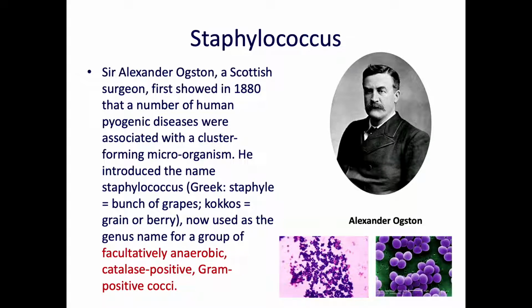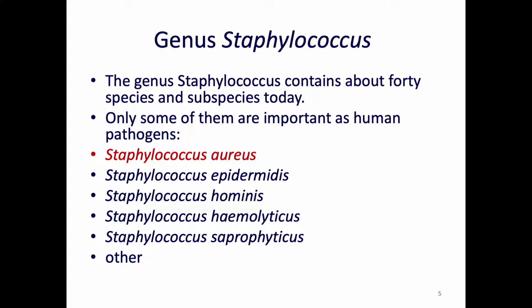Catalase positive means that they can produce catalase, and gram positive means that their cell wall has a certain structure. The murein is included in the cell wall.